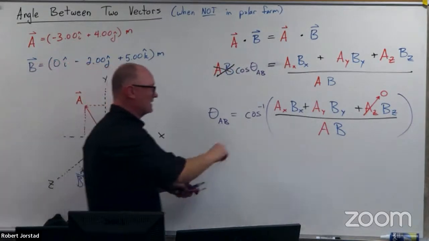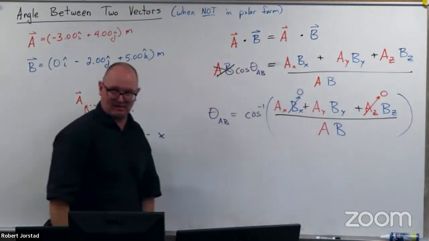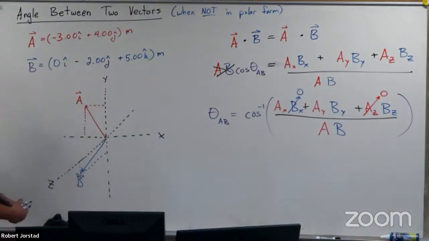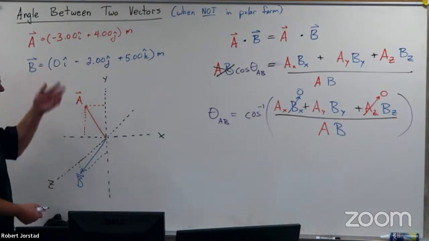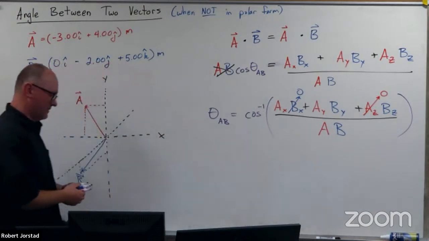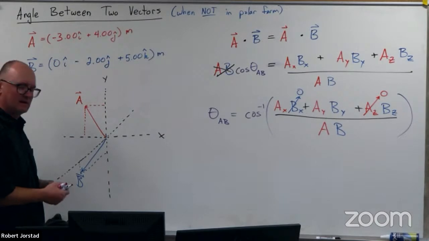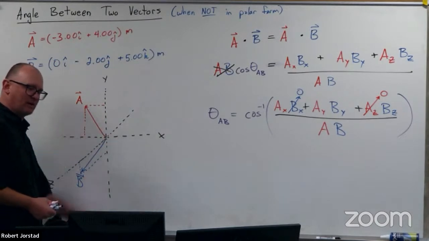So for this one, this goes to zero. So really, it's not as bad as it looks. This is typically how these work out. Anytime at least one of your components is zero in a vector, the math is pretty quick. That's showing you the techniques that I use. All right.